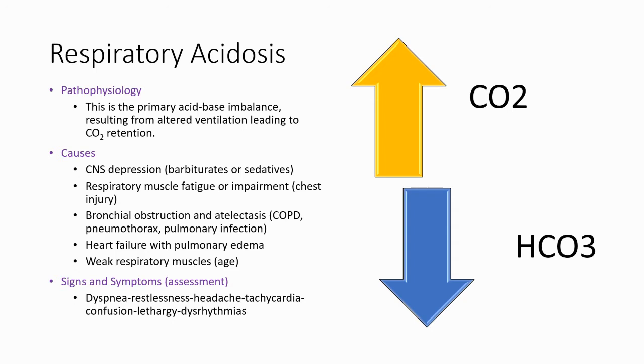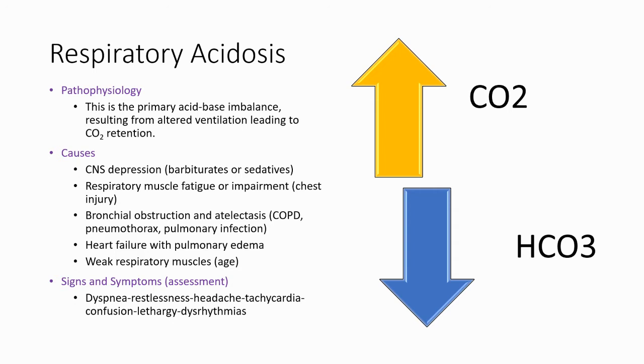Maybe respiratory muscle fatigue or impairment. Think about a chest injury. Maybe a respiratory condition that would cause atelectasis, which is the collapsing of the alveoli in the lung. And that can be caused by pneumothorax or maybe a pulmonary infection.